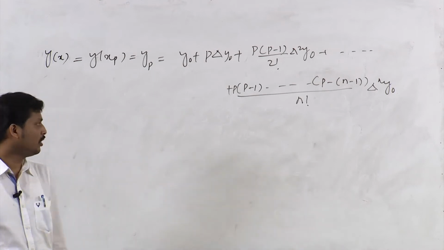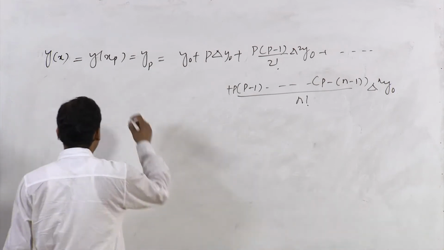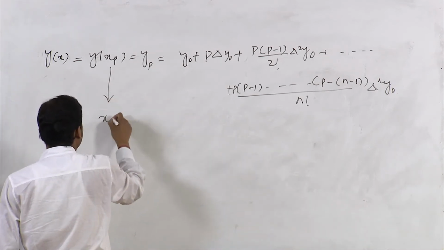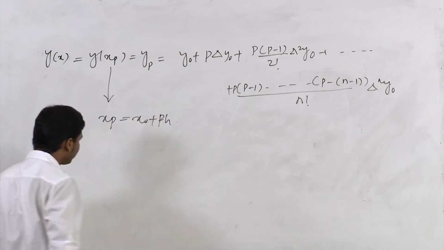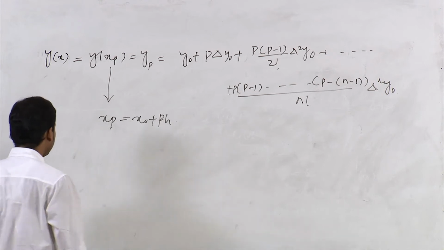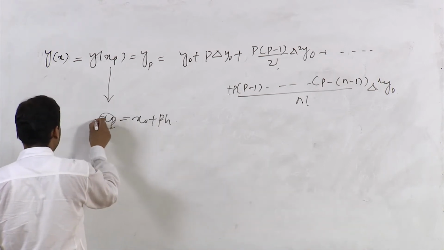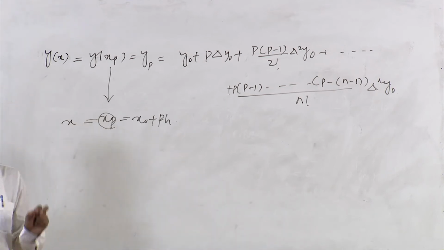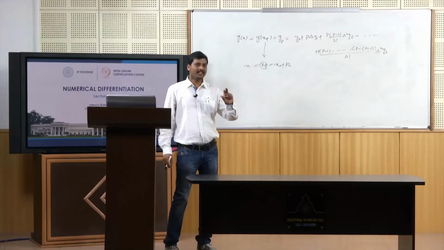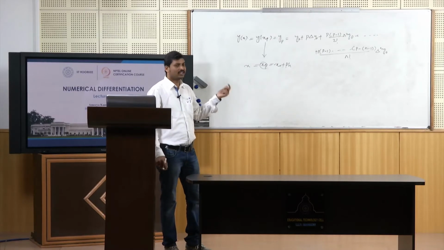So if we want to differentiate this one, first we have to consider this x p point as x0 plus p h. Especially this x p is the undetermined point, the point where we want to find this interpolation polynomial or the formula.